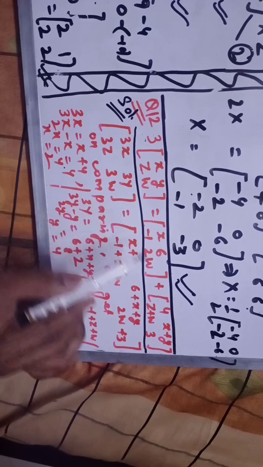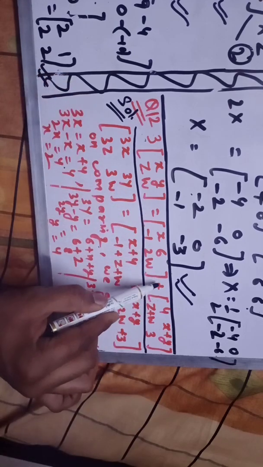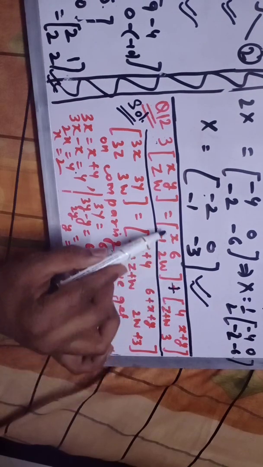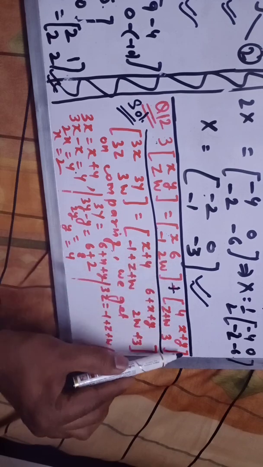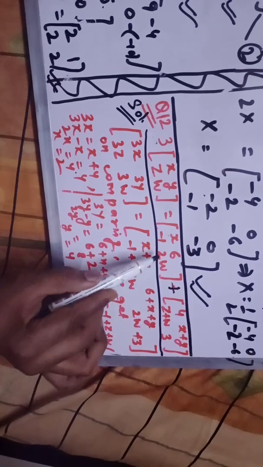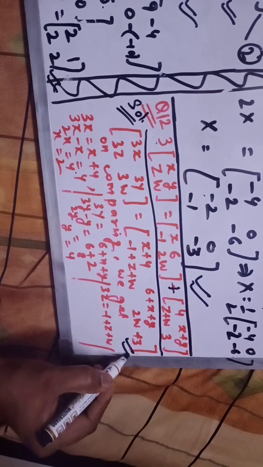Fine, is equals to, here the two matrices, there is a plus sign between the two matrices, so we have to add these two matrices, x plus 4, 6 plus x plus y, minus 1 plus z plus w, 2w plus 3, and you will get this matrix. Fine.